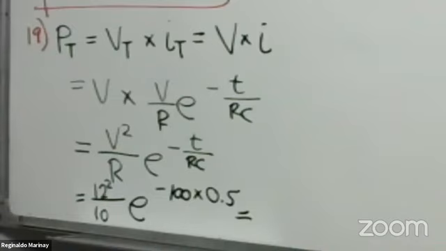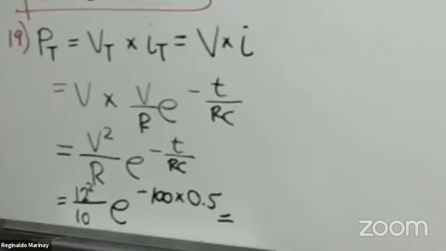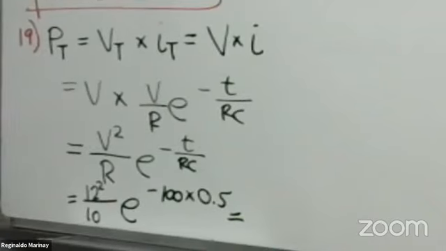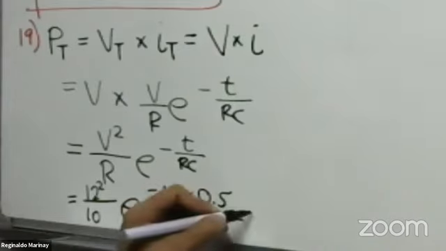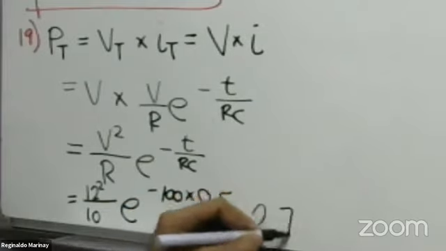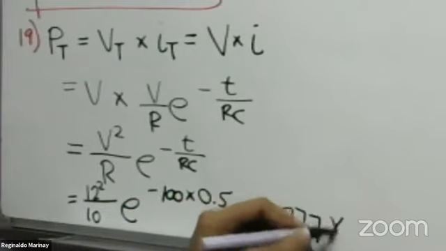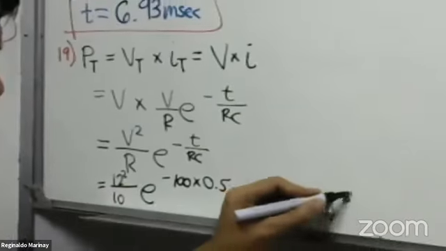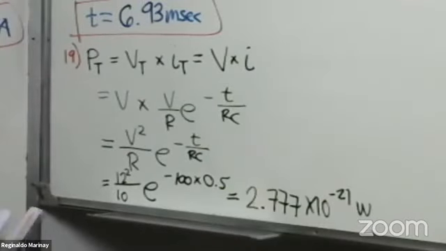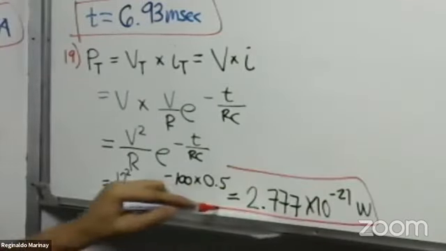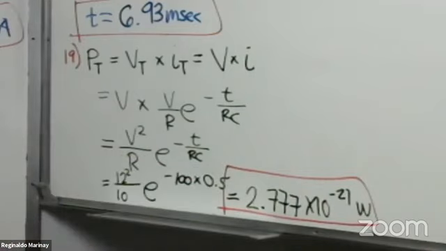Okay. My answer is 2.777 times 10 to the negative 21 watts. Very, very small value. That is our answer.